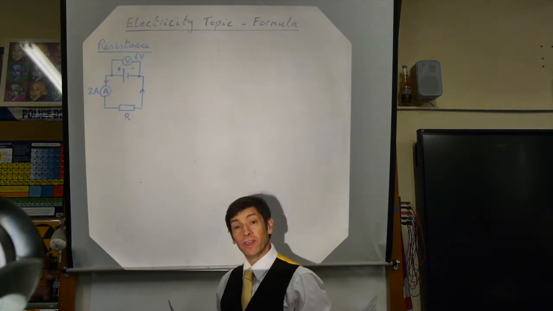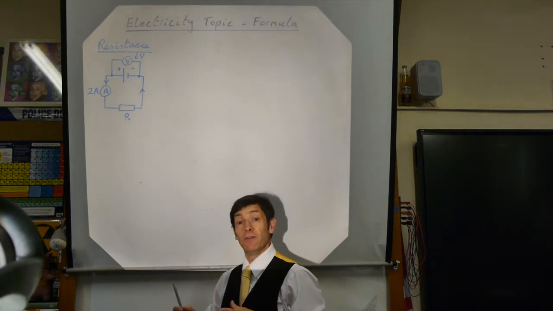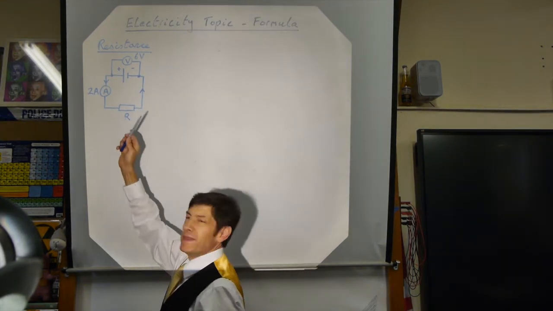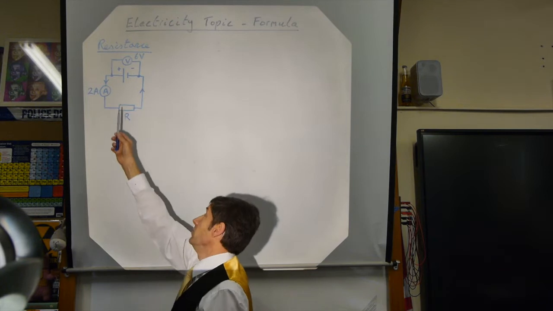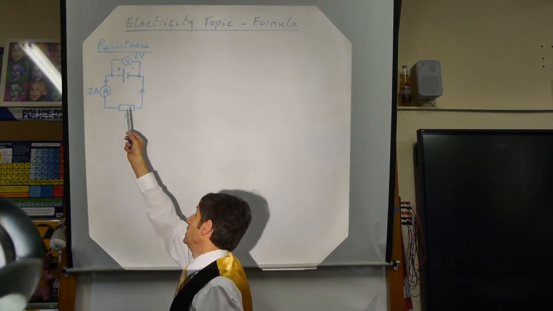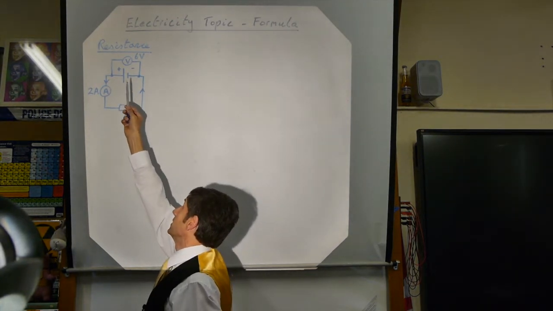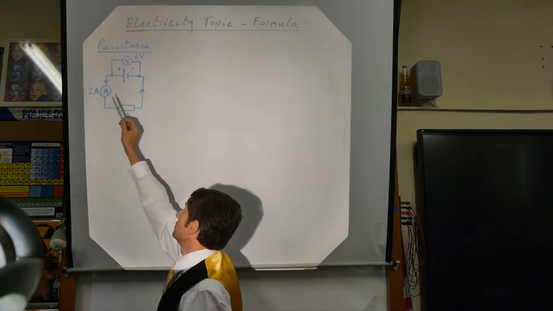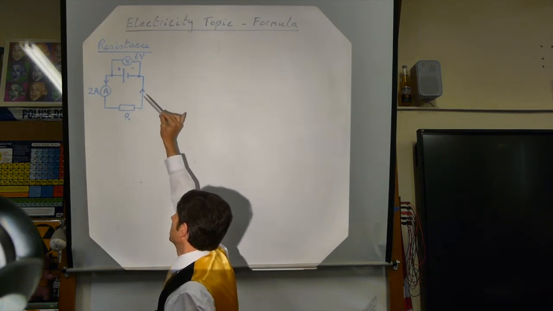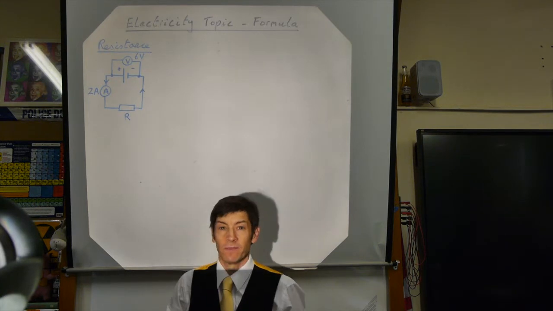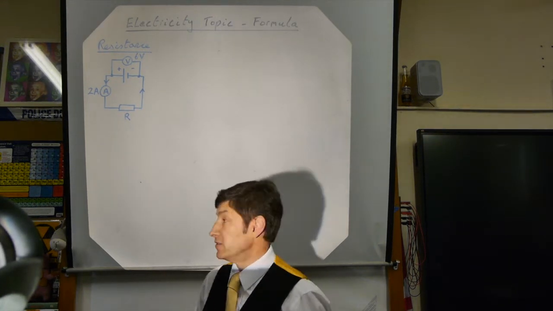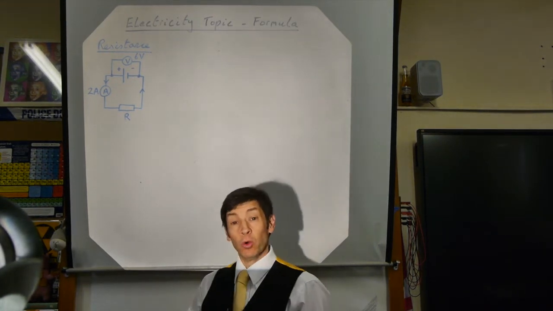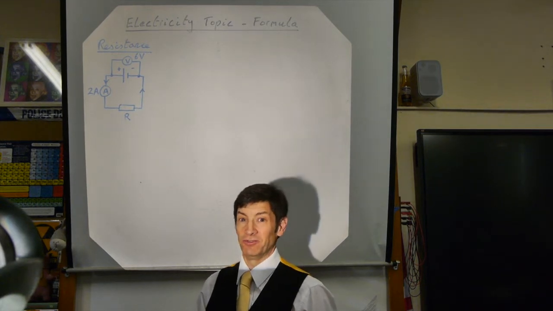But the important thing is you can't lose or gain electrons, they're in the material. So just imagine, I'll call it charge now, as coming from the battery with energy and then going back to get some more. So the current there, 2 amps, must be the same as the current here. So what we're going to do now is very quickly work out what is the resistance of our fixed resistor.